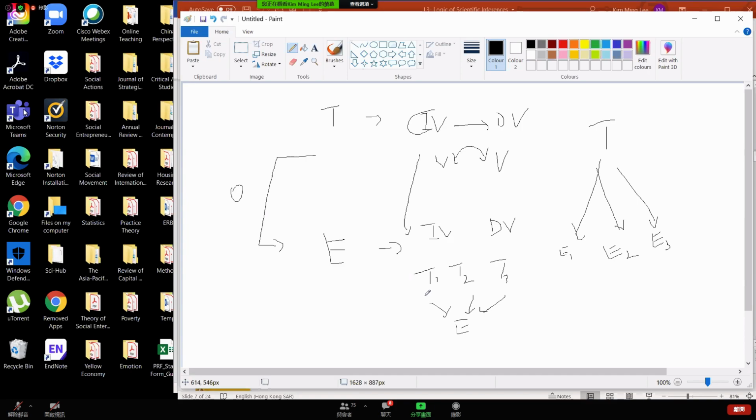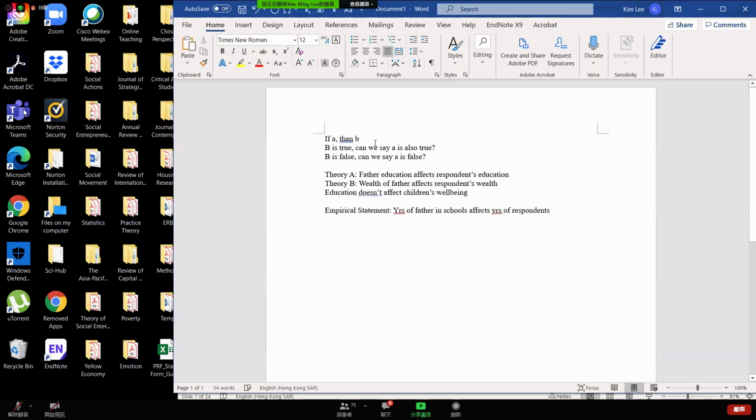So in testing, we have to rely upon our deductive logic. Our deductive logic says that if A, then B. Then if we find out that B is true, we cannot say A is true. We cannot say that.